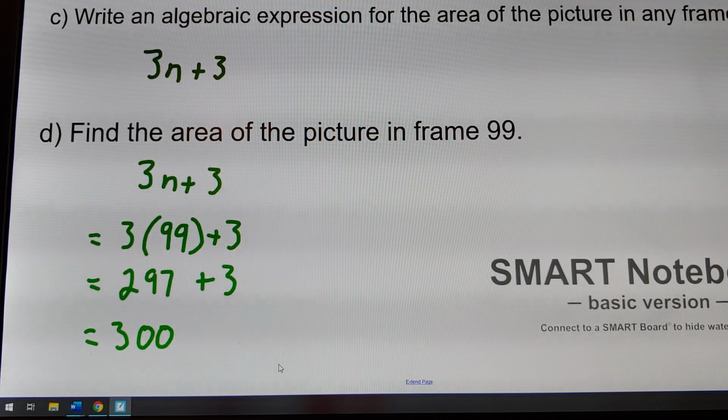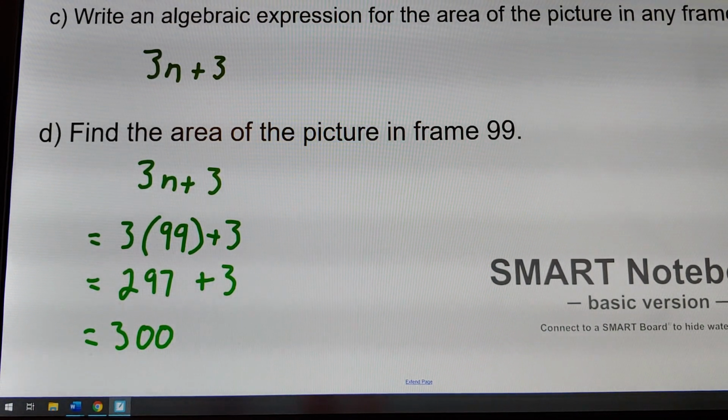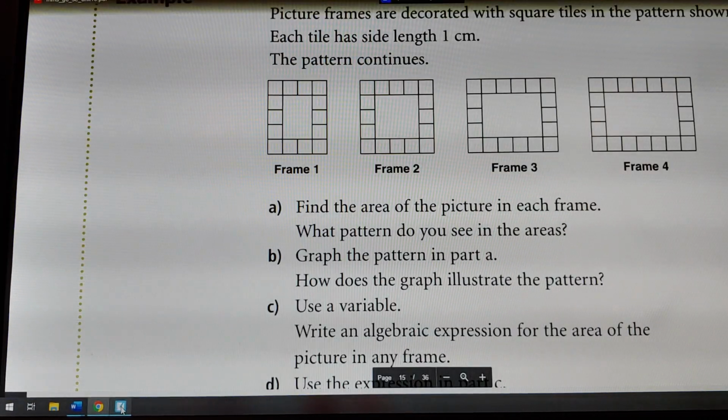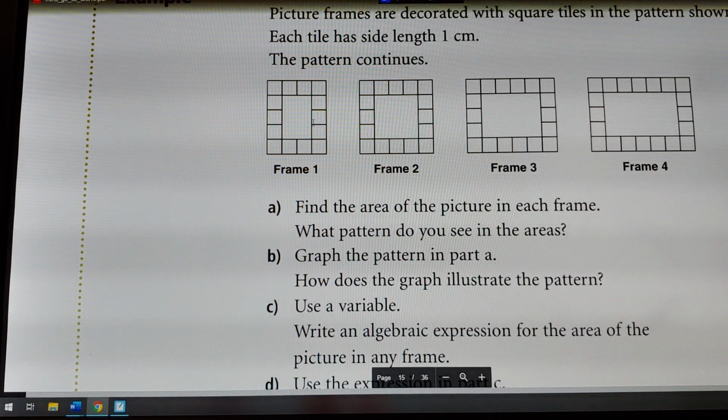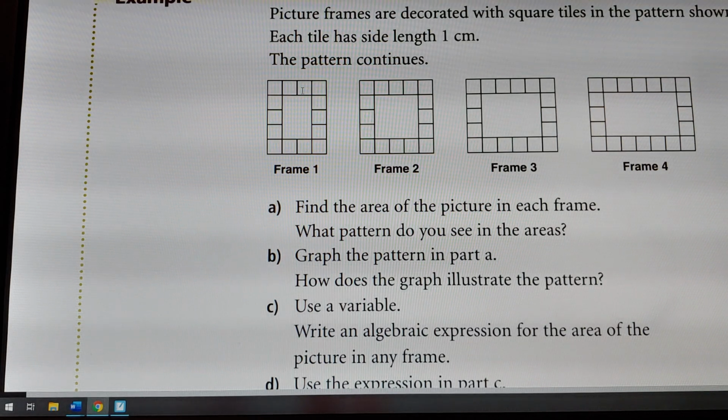And that's it. So the skills that you're using for this are the exact same as what you've done before. It's just now you are going to be using it to solve actual patterns that exist in real life. Okay, so what's the area of the picture frame?